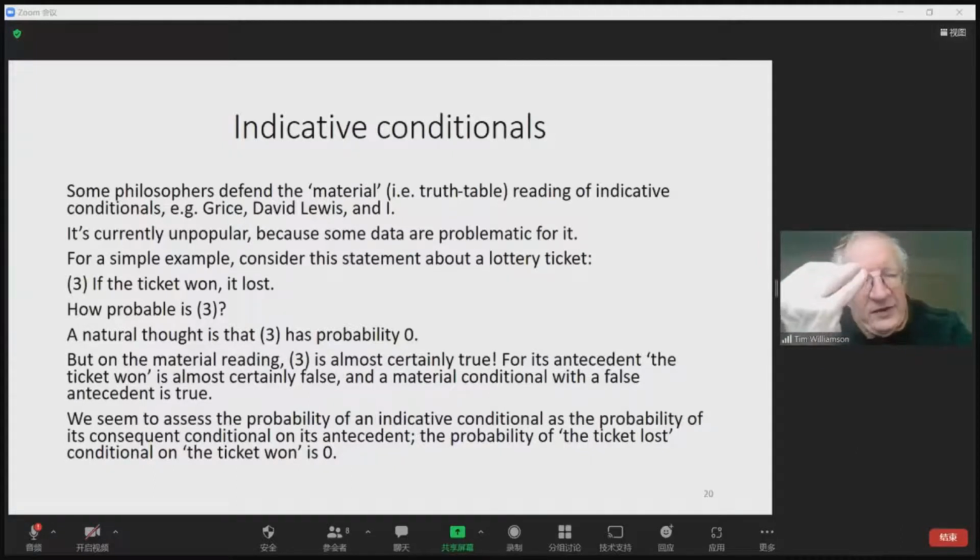And of course, the answer to that question is 0. Given that it lost, it didn't win. That's certain. And so, using that method of assessment of the probability of an indicative conditional, you will get the answer that 3 has probability 0. And so that seems to be at least roughly what's going on when we assess sentence 3 as having probability 0.